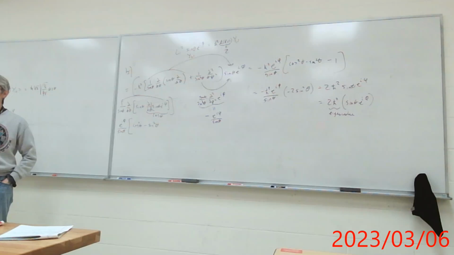So let's do that. Remember that we know what L minus is. L minus operating on 1 comma 1 is minus h bar over i, e to the minus i phi, minus i d by d theta minus cotangent theta d by d phi, operating on, and I'm just copying it from over there, square root of 3 over 8 pi, sine theta e to the i phi.